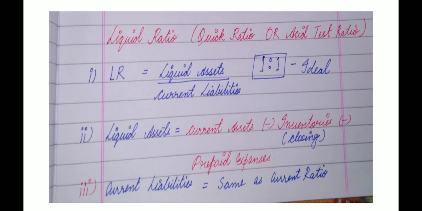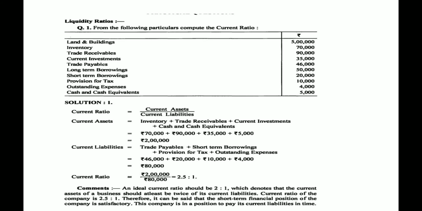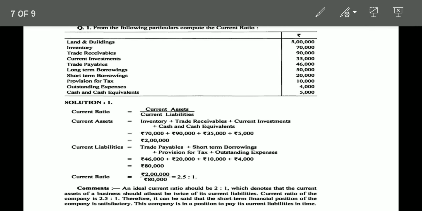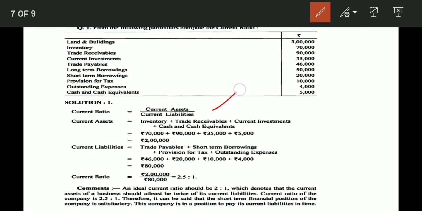Now we are going to solve the first question. It is from D.K. Goyal, first practical. From the following particulars, compute the current ratio. So what is the ratio? The current ratio's formula is current assets upon current liabilities. So first of all, we try to find current assets from the question. Inventory is a current asset. Okay.